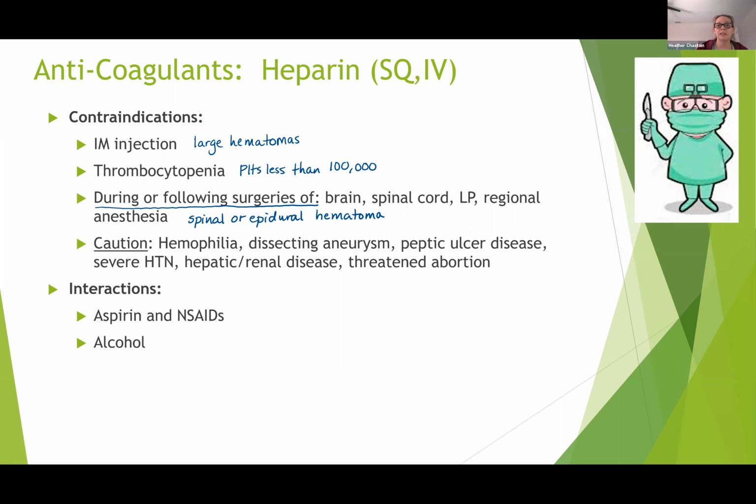Erythropoietin, right? Which is going to stimulate red blood cell production by the bone marrow. It also protects the red blood cells from destruction. So very important in the blood process, right? So if you have any kind of issues with your kidneys or your liver, you want to be really careful with either one of those. And with threatened abortion. So basically anything that's going to increase your risk of bleeding, you're going to use caution with that.